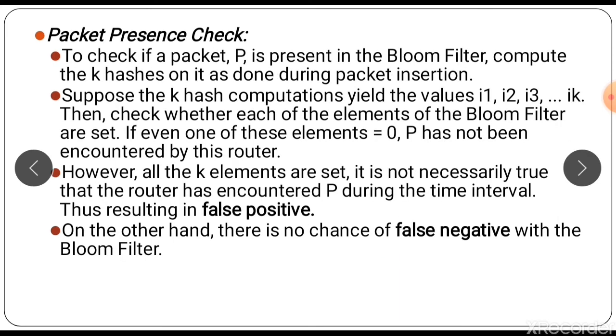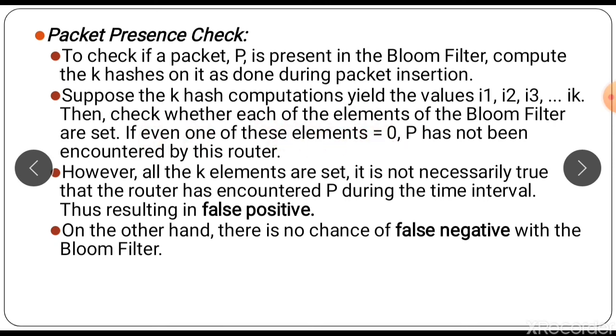The next one is packet presence check. To check if a packet P is present in the Bloom filter, compute the k hashes on it as done during packet insertion. Suppose the k hash functions yield I1, I2 up to Ik, then check whether each of the elements of the Bloom filter is set.